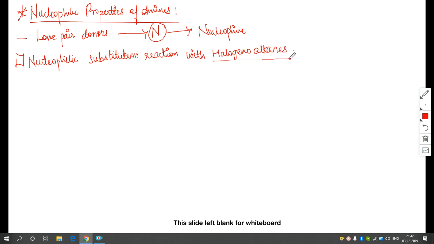What is a halogenoalkane? Just an alkane with a halogen. Now the reaction of a halogenoalkane with ammonia or an amine forms either a primary, secondary, tertiary, or a quaternary amine. We're going to see one example of all of them. First, we are going to see how a primary amine is formed.